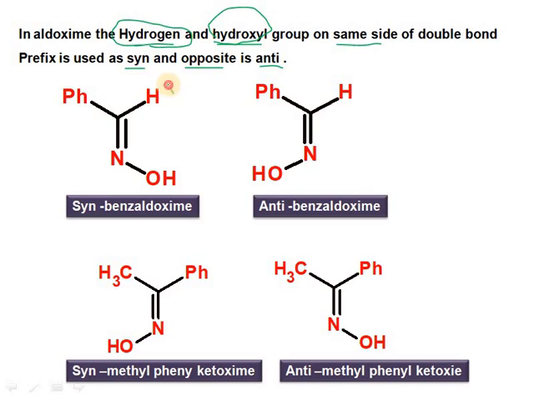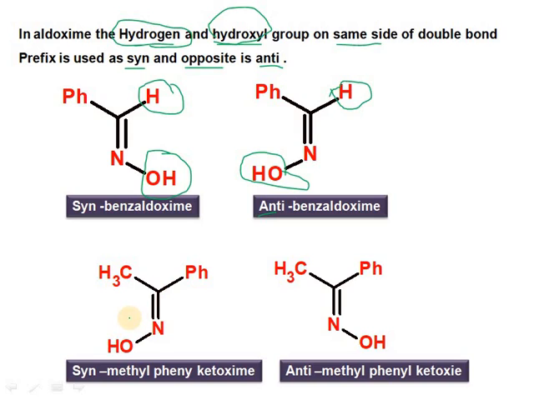We compare them: this hydrogen and this hydroxyl are on the same side, so the prefix we use is syn, syn-benzaldoxime. Similarly, in the second example, the hydrogen and the hydroxyl group are on the opposite sides, so the prefix we use is anti, anti-benzaldoxime.